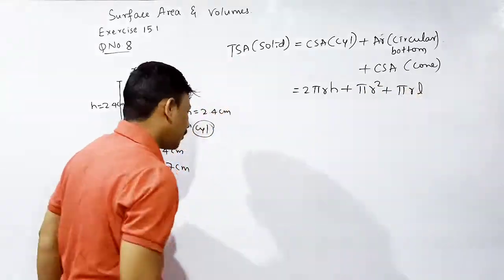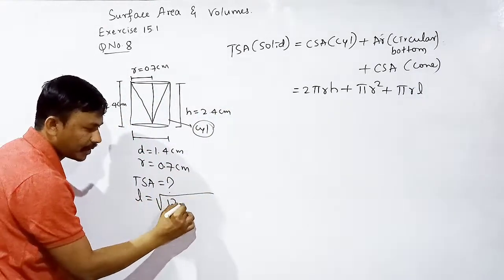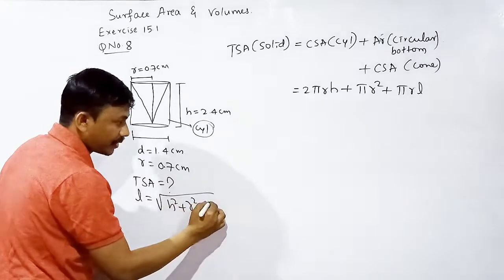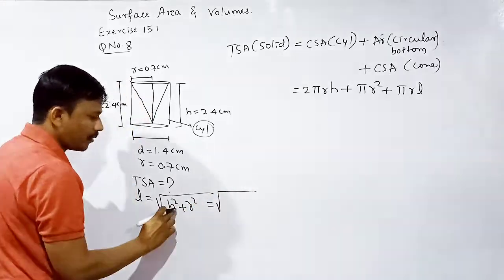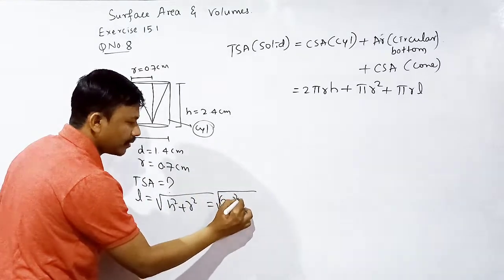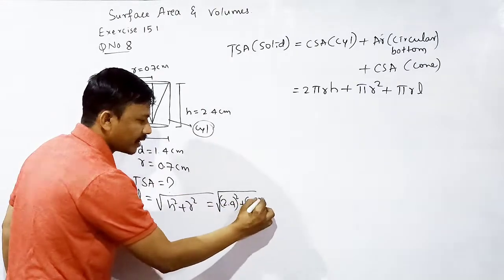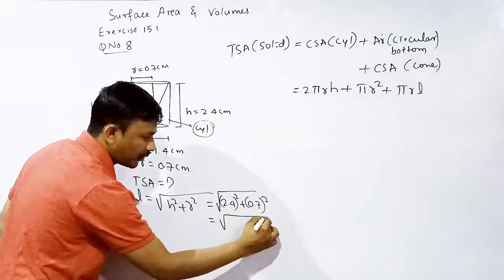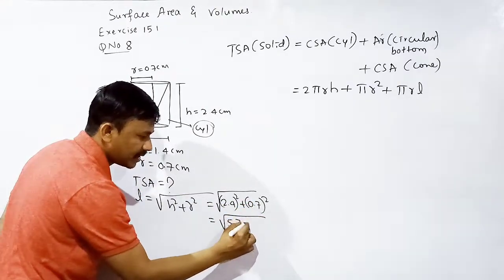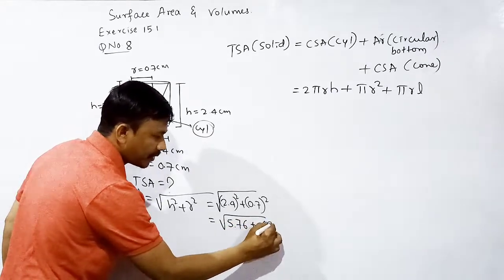We don't know the L value. To find the L value, under root of h square plus r square is the formula. This is equal to under root of, what is h value? 2.4 square plus 0.7 square. This is equal to 24 4s are 576, plus 7 7s are 49.